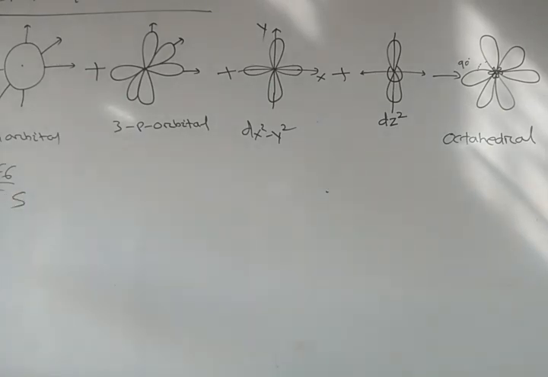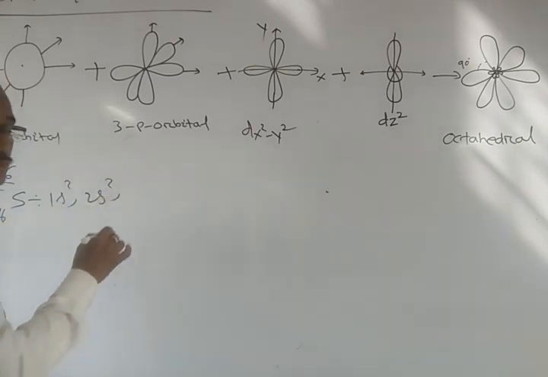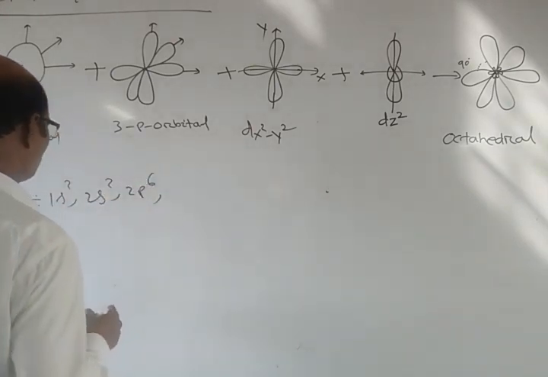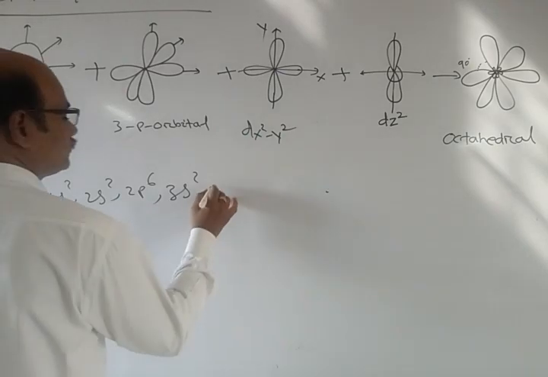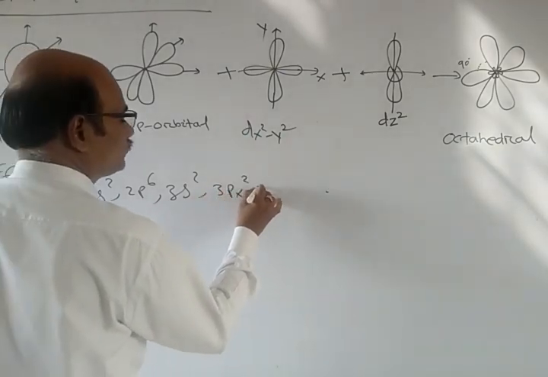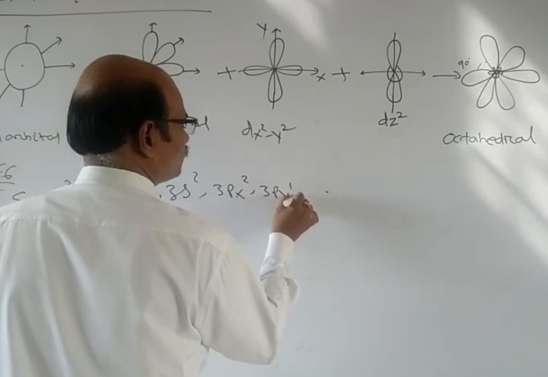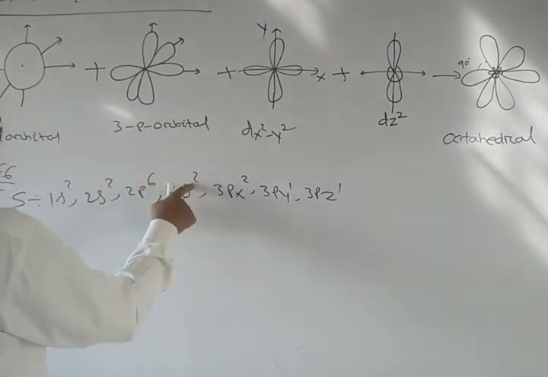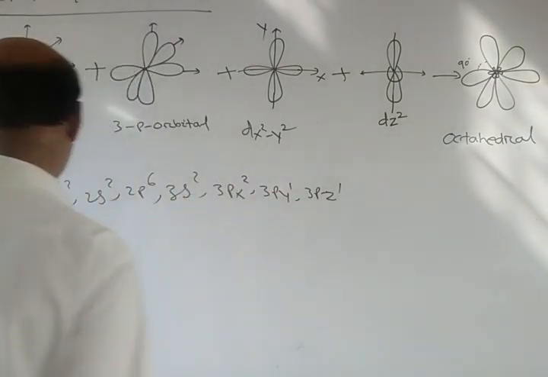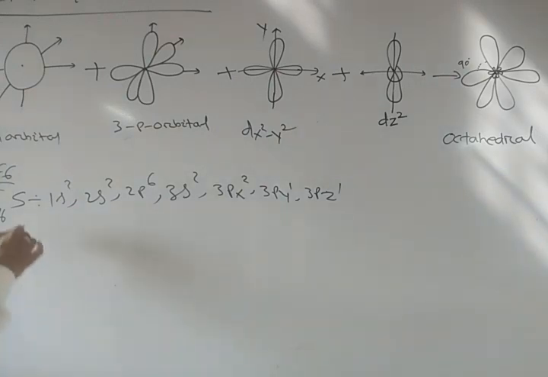Sulfur is 16: 1s2, 2s2, 2p6, 3s2, 3px2, 3py1, 3pz1. That is the ground state. Sulfur 16 ground state.